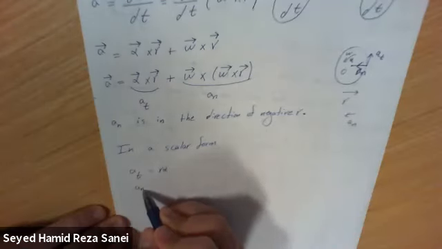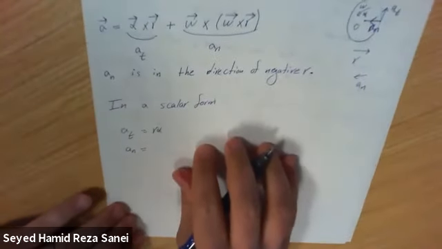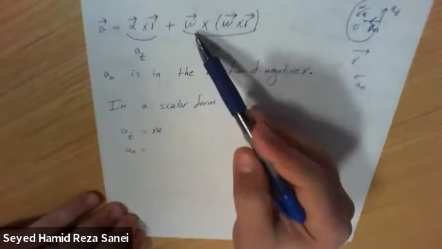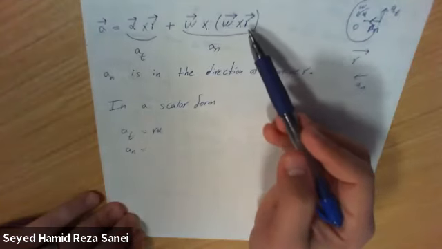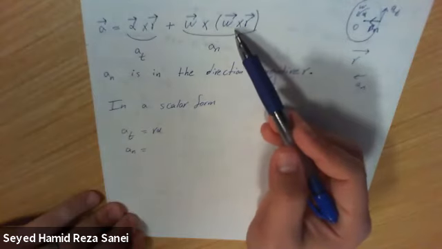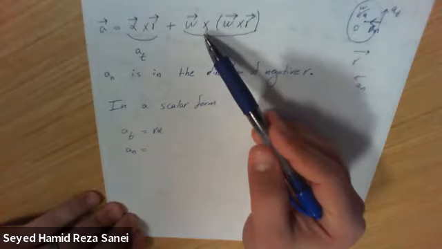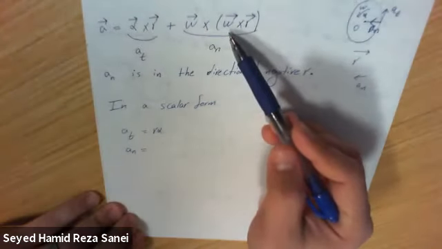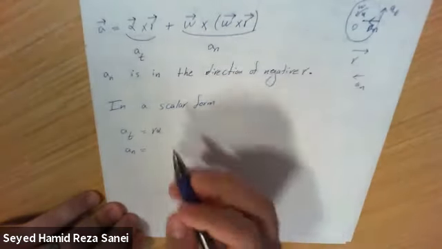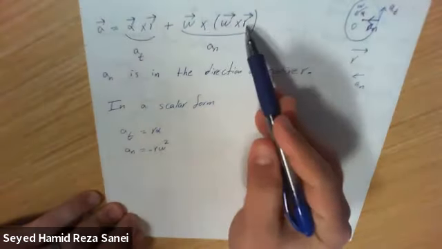And AN, if you look at it here, omega cross R: the result of the first cross product is a vector perpendicular to both, and then another cross product gives a result in the negative direction of R. So negative R omega squared, since you have two omegas.